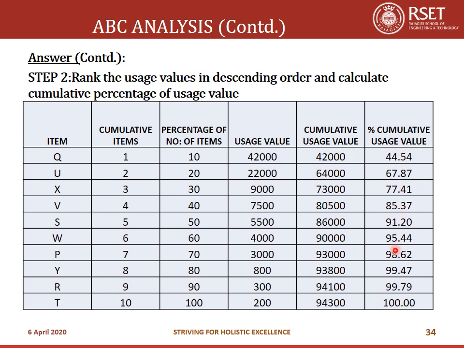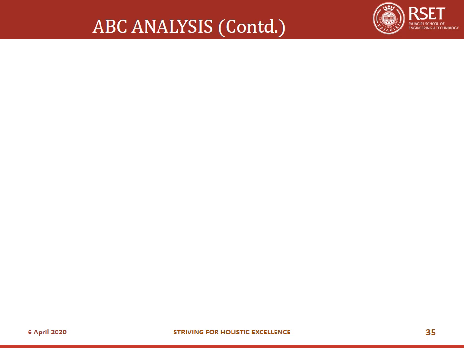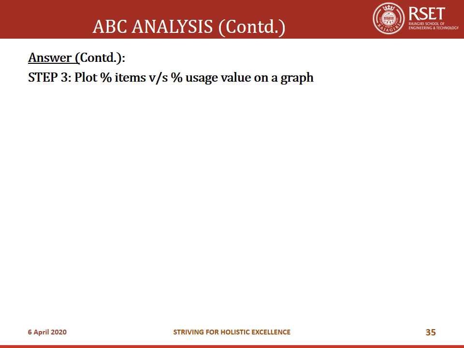So this is how I've calculated the cumulative usage value, and I've calculated the percentage number of items. Now these two are the columns that are required for the further analysis: the percentage number of items and the percentage cumulative usage value.